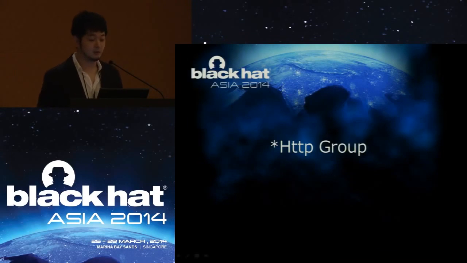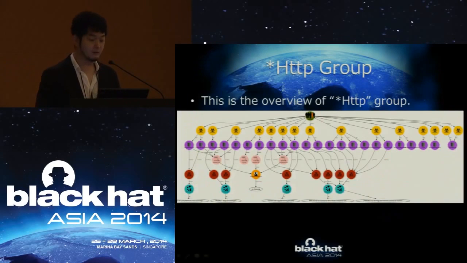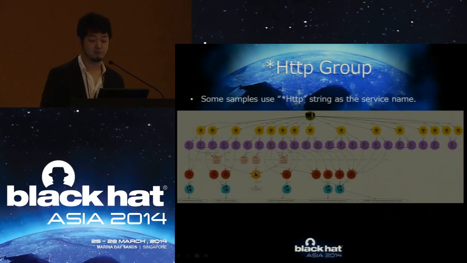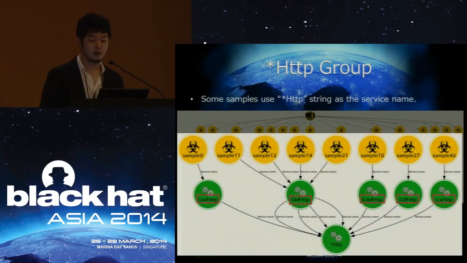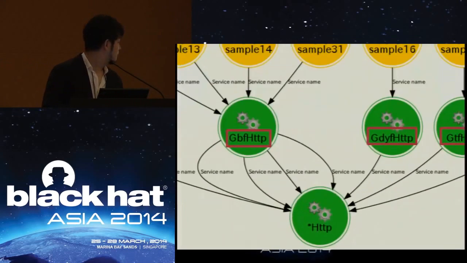Next, HTTP group. This is a complicated one. This is the overview of HTTP group. Some samples use an HTTP string as the service name, for example, GWF HTTP, GBF HTTP, and so on.